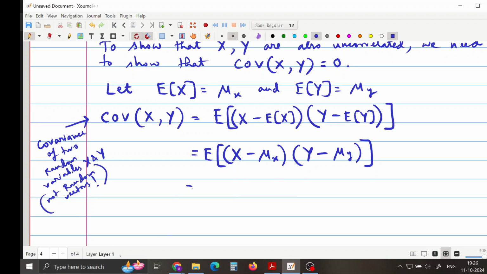So this, I can multiply these two terms, so there will be four terms. So first term is xy minus x times mu y, so x times mu y minus mu x times capital Y plus mu x times mu y.